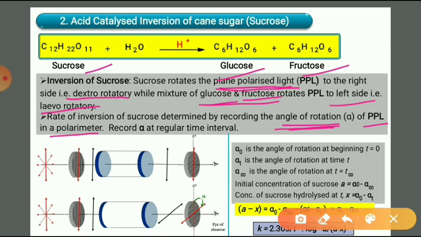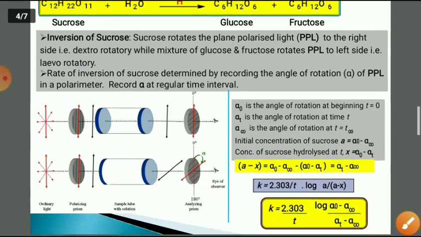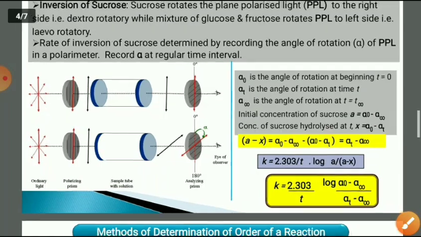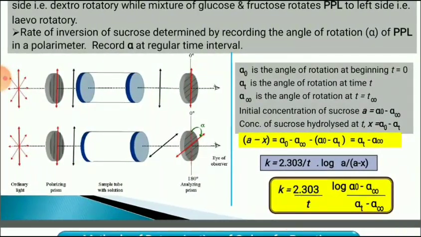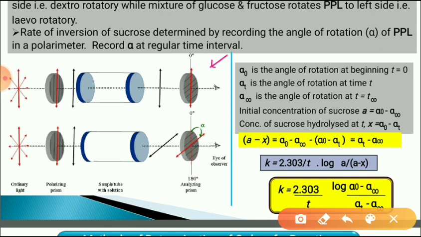Now here we have taken an image, from which we can understand how it works. In the first image, if you see, ordinary light is passed through the polarizing prism, from which plane polarized light, only one plane of light, is passed.